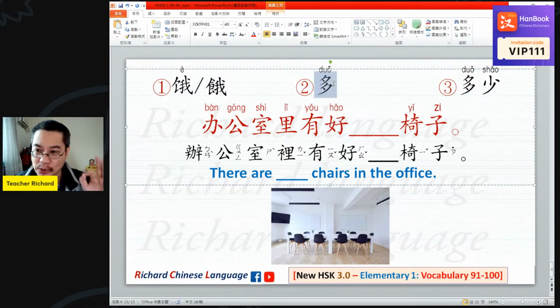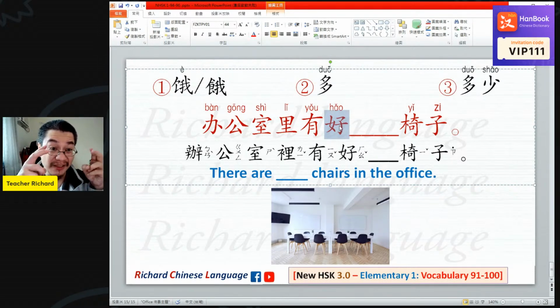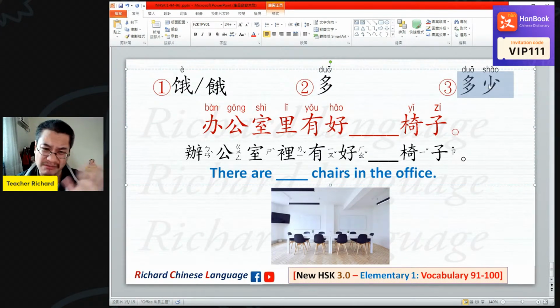So the answer is 多 not 多少. Why? Because we see an important word here, a key word here, 好. 好 here means very, 很. We never say 好多少. No, that's wrong. We say 好多, which means many, like very many, very much, a lot of.